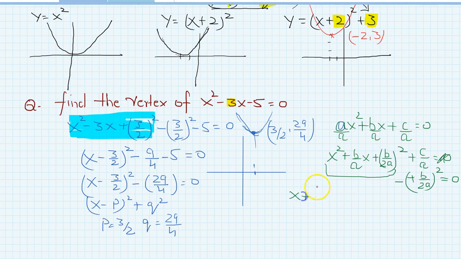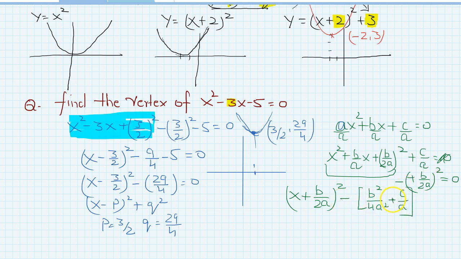Now this equation is (x plus b over 2a) square minus b square over 4a square plus c over a.